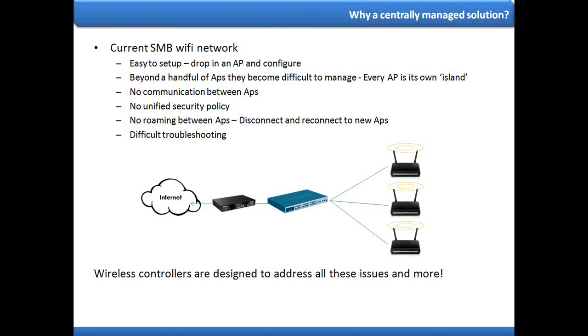So with D-Link, specifically, the wireless controllers that we're introducing into the market are designed to address these issues, making it easier to set up, making communication between the access points available, unifying the security policy, and allowing for roaming and easier troubleshooting.